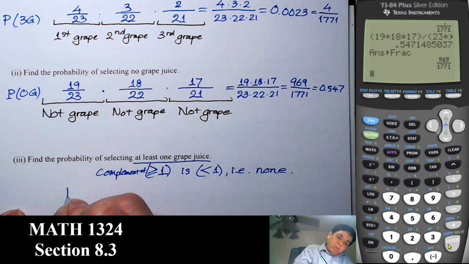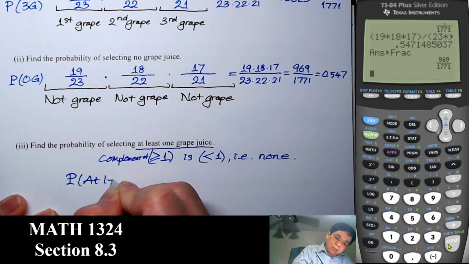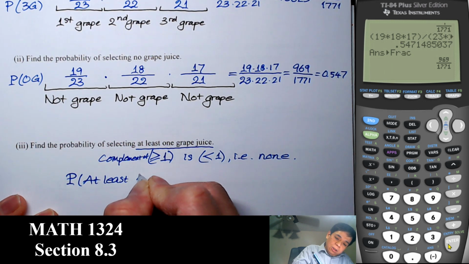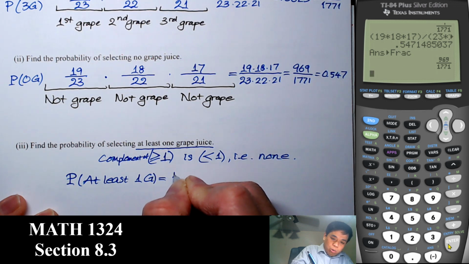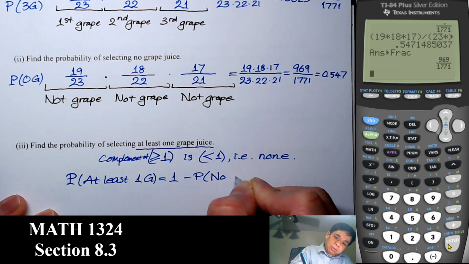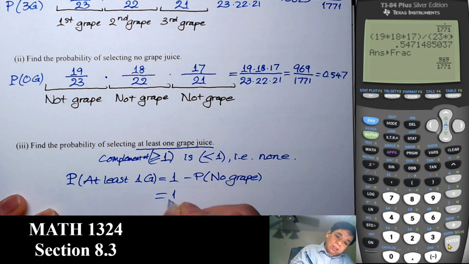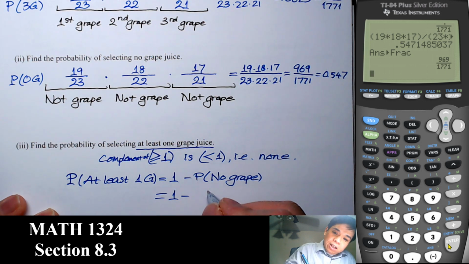So we say probability of getting at least 1 graph is equal to 1 minus probability of getting no graph, which we already did. 969 over 1771.